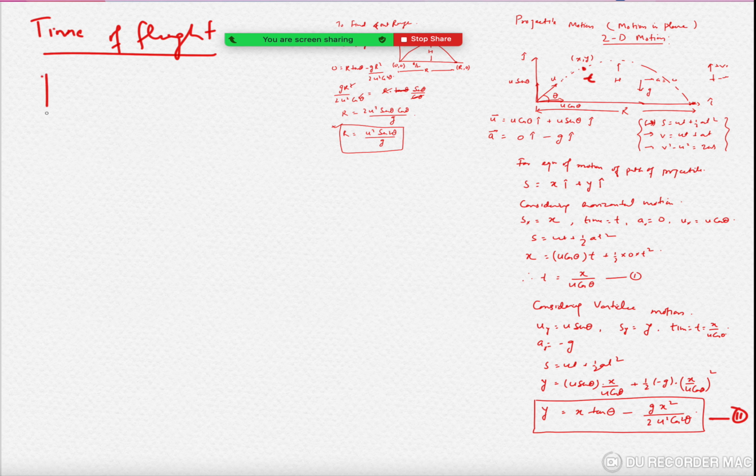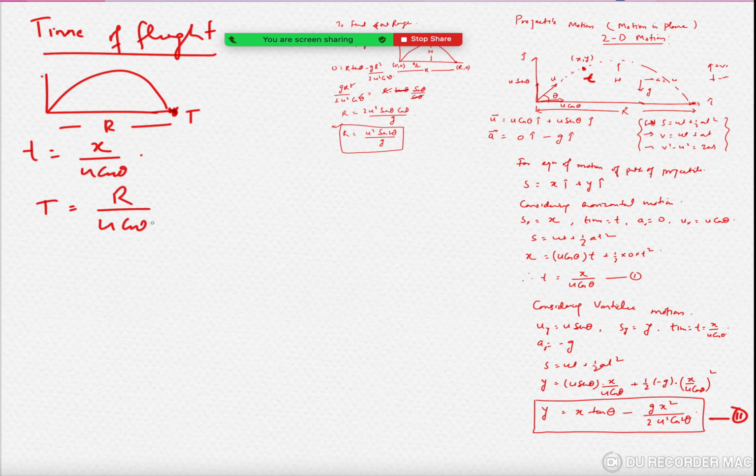For the time of flight t, if it reaches here, the time taken to reach here, in that case your formula is t is equal to x by u cos theta, isn't that? So x here is x at this point. If I put it, x is R, this distance is R. So I put R by u cos theta.